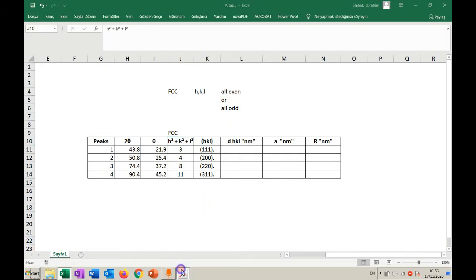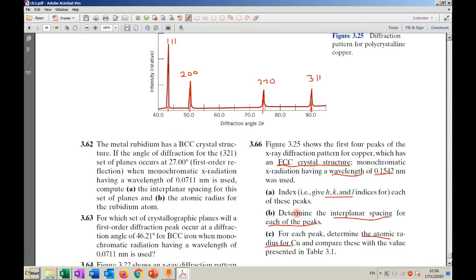Now, in order to find the d_hkl, part B says determine the interplanar spacing. Well, there are two equations that we can use to find d_hkl, so let's see which one will be used.